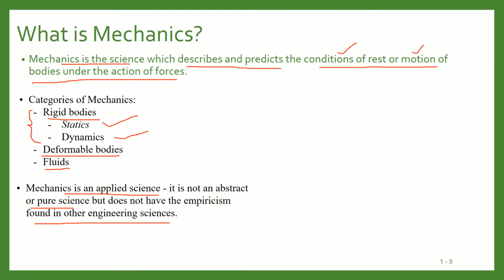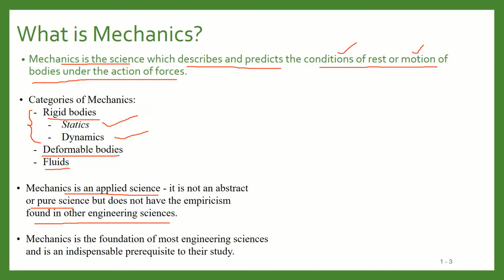And mechanics is the foundation of most engineering sciences, especially in designing of machines, equipments, structures. Mechanics is the foundation of most engineering sciences and is an indispensable prerequisite to their study.